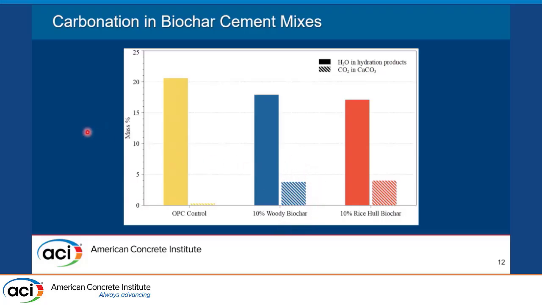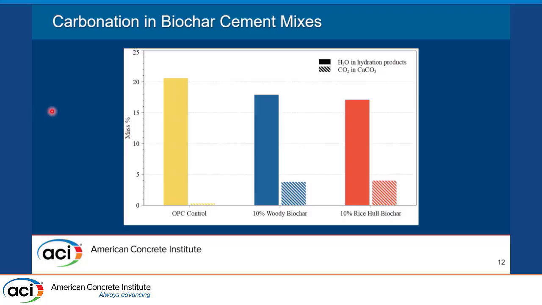I will say when I set up this experiment, I sealed all the samples so that they're not sorbing CO2 from the environment, from the room, from the atmosphere. So this, to me, points to the cement matrix actually reacting with the carbon in the biochar, since there isn't an external source.